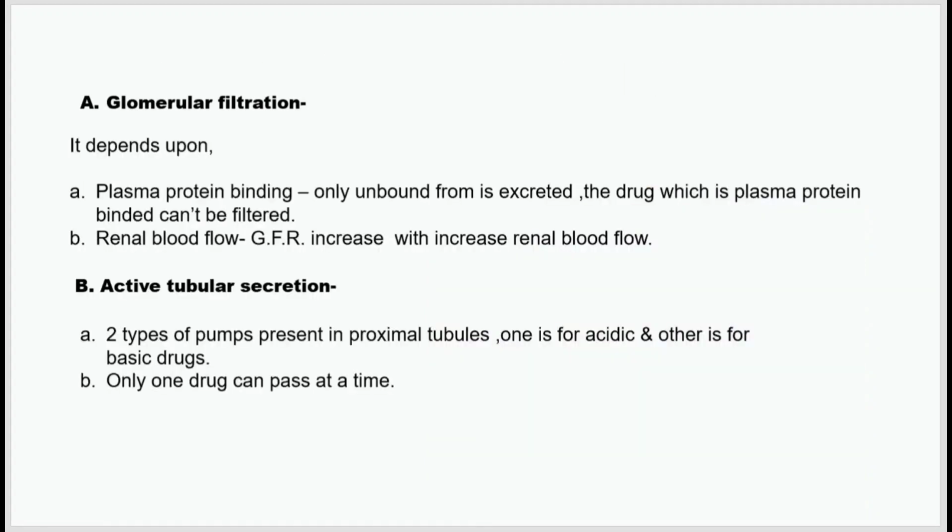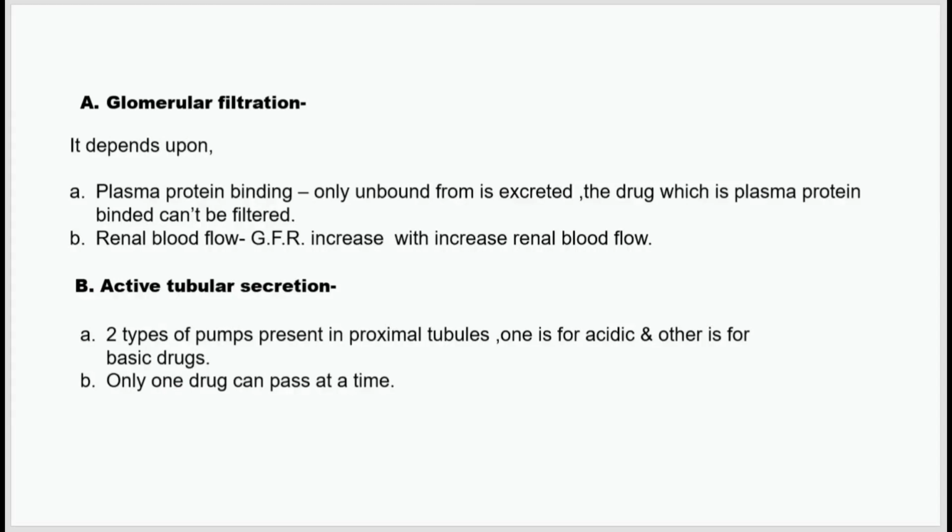Glomerular filtration. A. It depends on plasma protein binding; only the unbound form is filtered. The drug which is plasma protein bound can't be filtered. It is a non-selective, unidirectional process. Ionized or unionized drugs are filtered, except those that are bound to plasma protein.